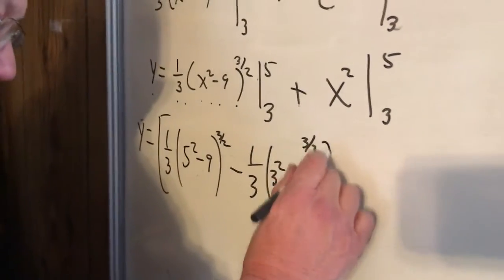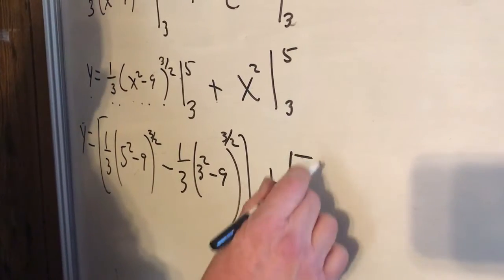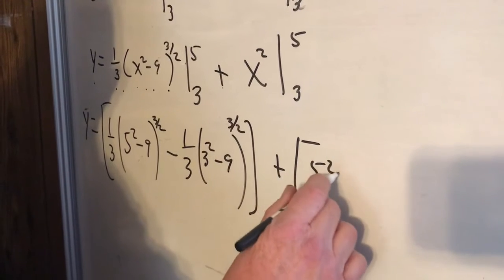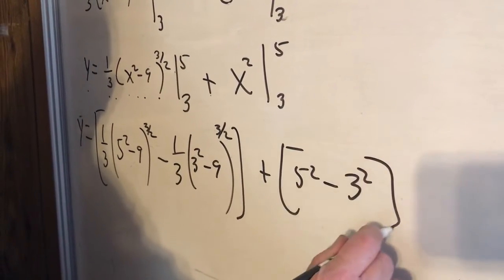Now we got to close the box and work on the second part, second term. 5 squared minus 3 squared, and that's it.